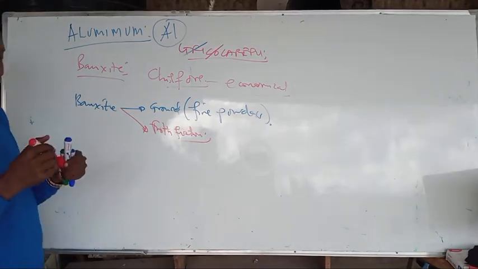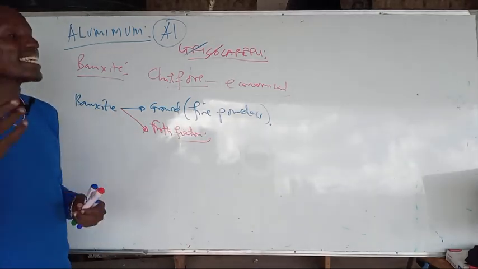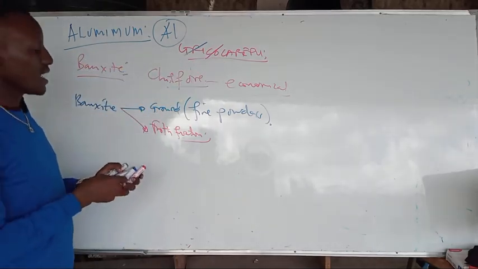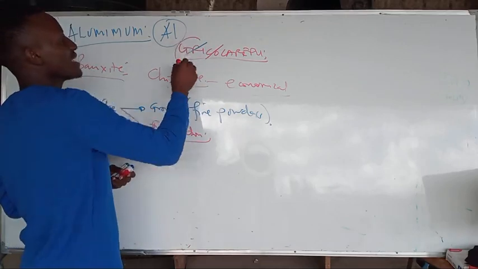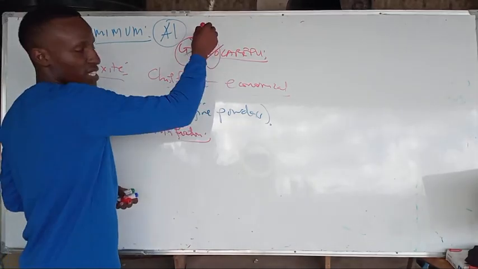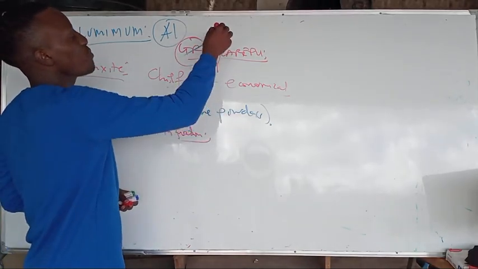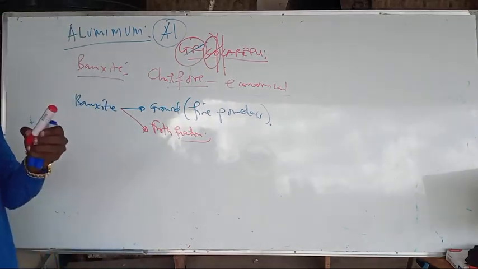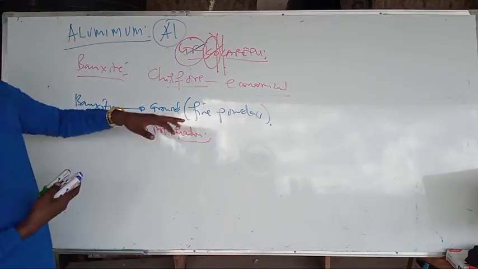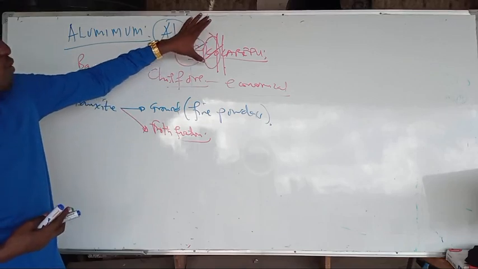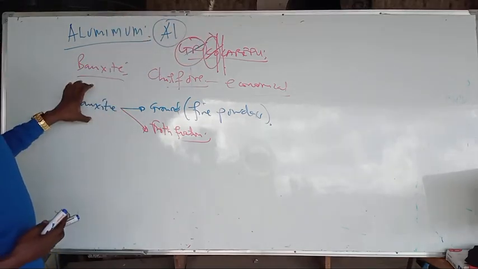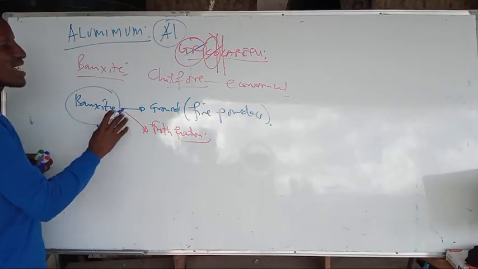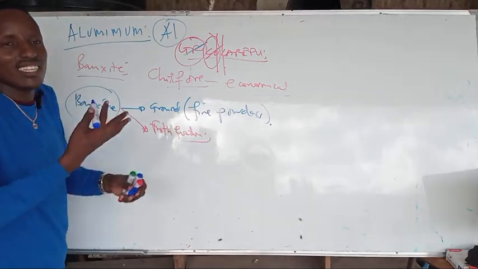But there is one stage which is added in the steps for aluminium. Here, we grind, then we concentrate. Instead of concentrating it, we purify. For aluminium, the bauxite ore, we grind it into fine powders so as to increase the reactions.